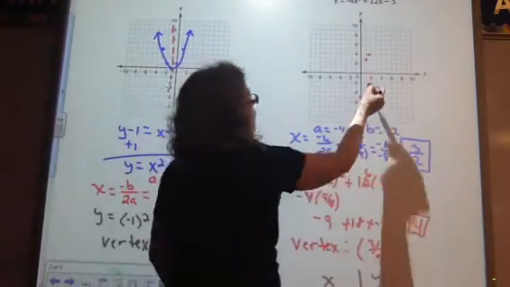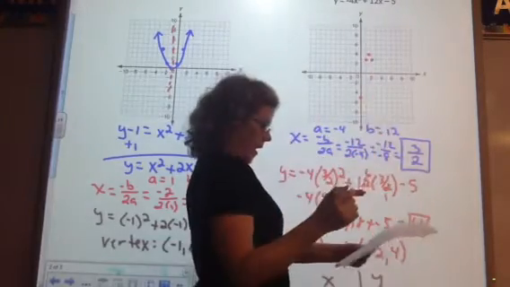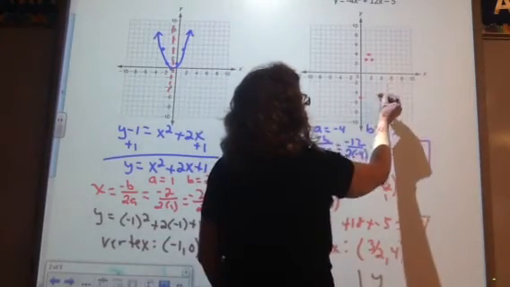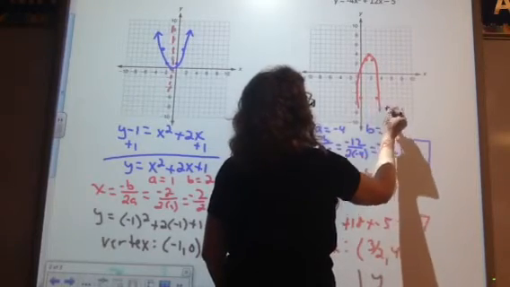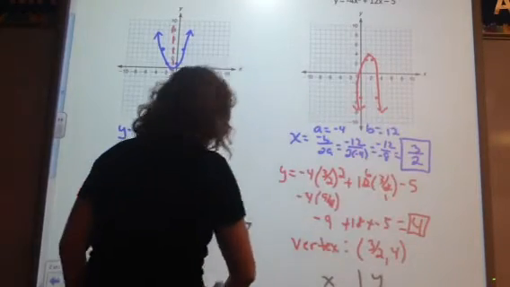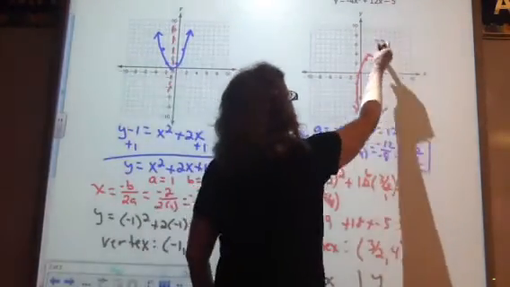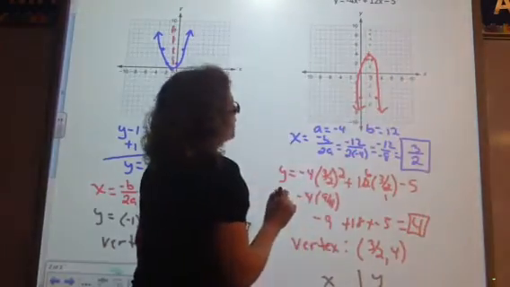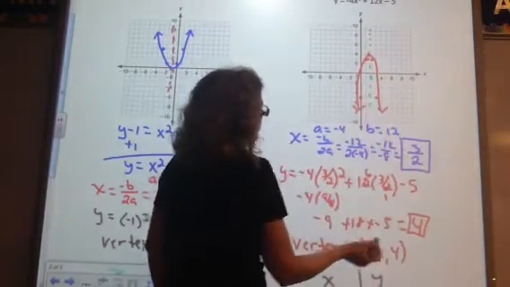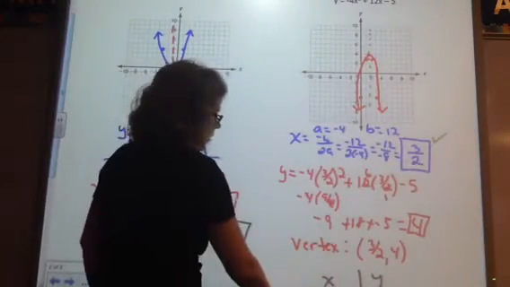Then I have 2, 3, and I have 3, -5. Okay, so let's see if this makes sense. Our a is negative, so it opens downward. Our axis of symmetry is where it crosses the x-axis, at positive 1.5. And we're good.